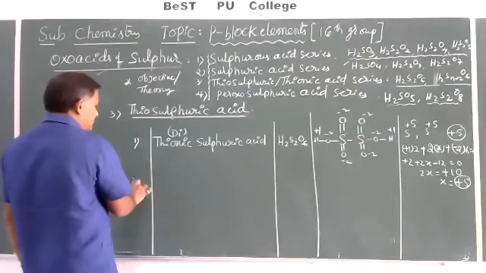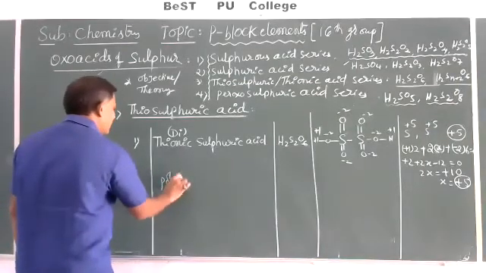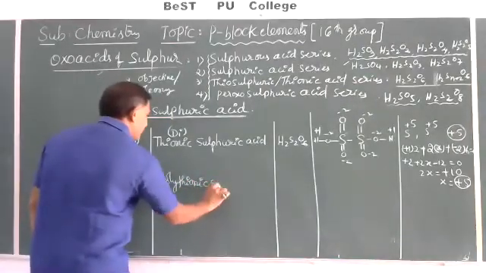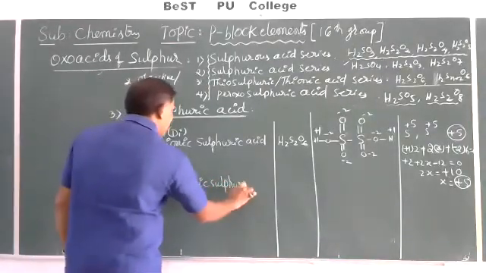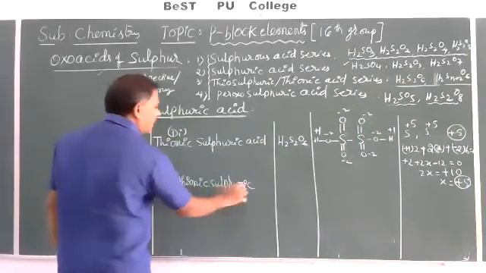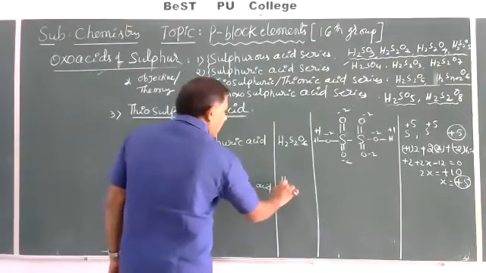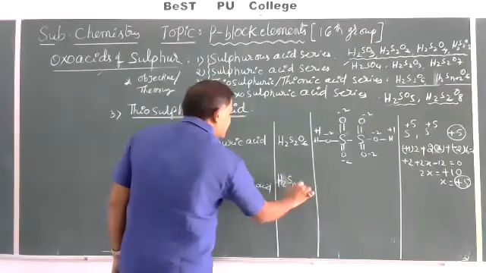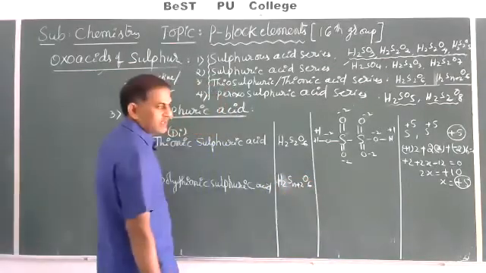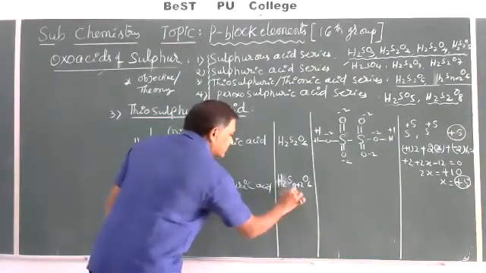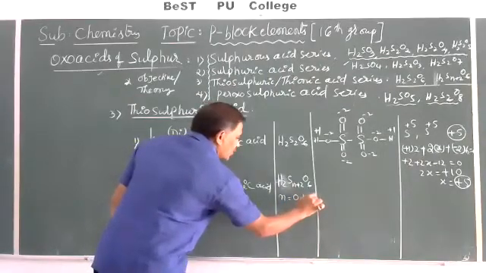Then here second one is polythionic acid, and this polythionic sulfuric acid formula is H2SnO6 with n plus 2 sulfur atoms. This n indicates the number of sulfur atoms, 0, 1, 2, 3, 4, 5 and so on.